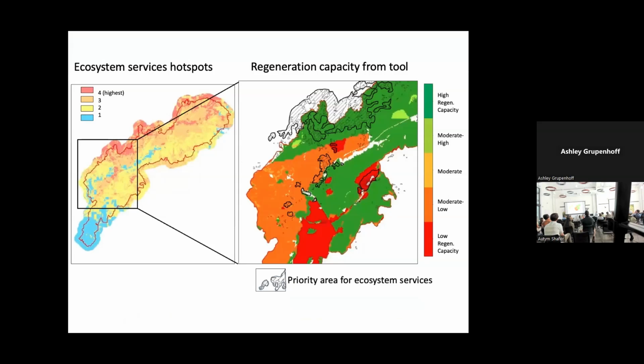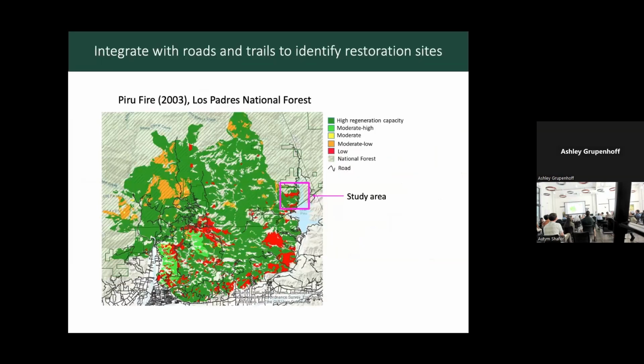In the map on the left there, you can see the red areas have got the highest number of those 4 services overlapping. And what we can do then is to overlay the regeneration capacity of the tool with that hotspots data. And candidate areas for investigating more for restoration would be where they overlap. The red areas and the black outlines would be good areas to investigate.